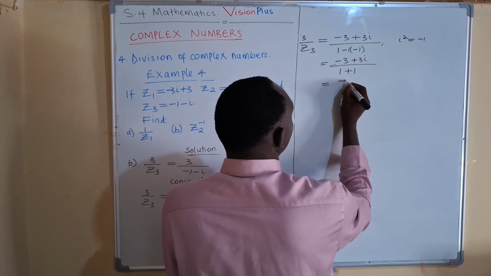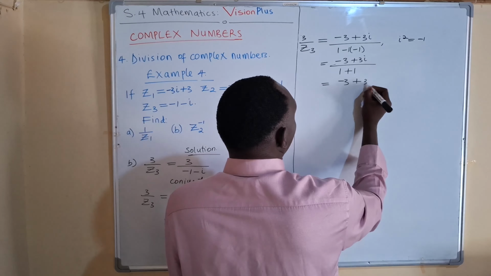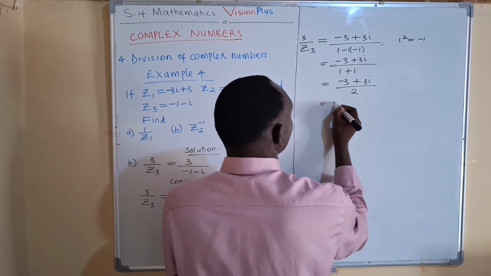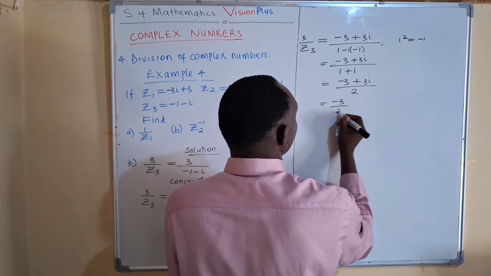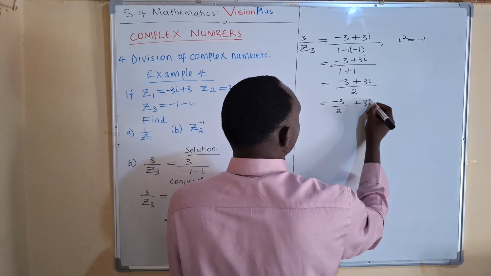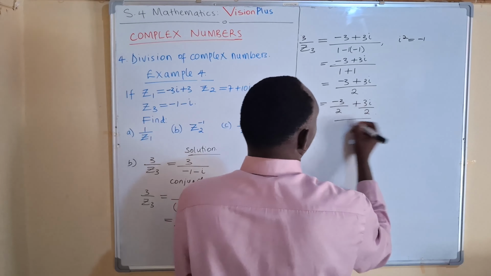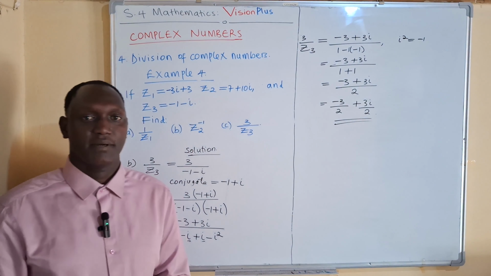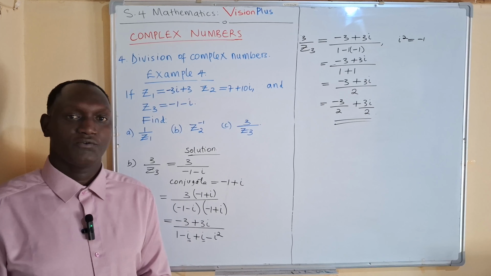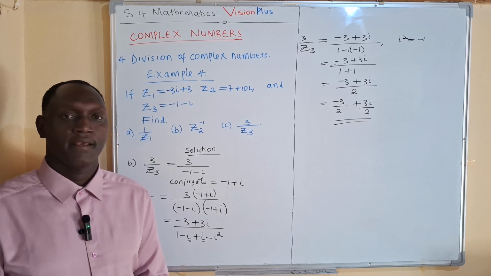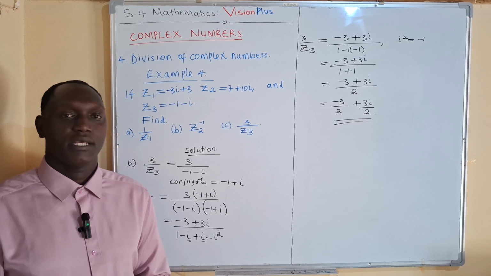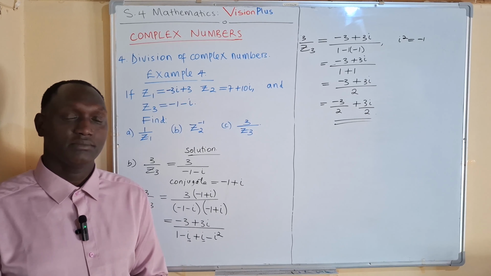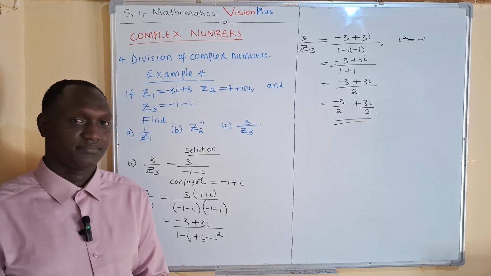This gives us negative 3 plus 3i over 2. Then we distribute the denominator, which gives us negative 3 over 2 plus 3i over 2. And this is the answer. This is the real part and that is the imaginary part. So this is the overall solution to example 4. If you have questions, please send them and our team shall be in position to address them. Thank you.